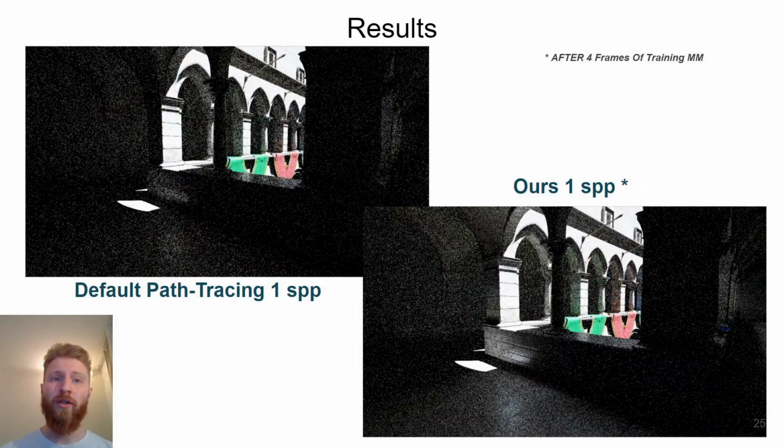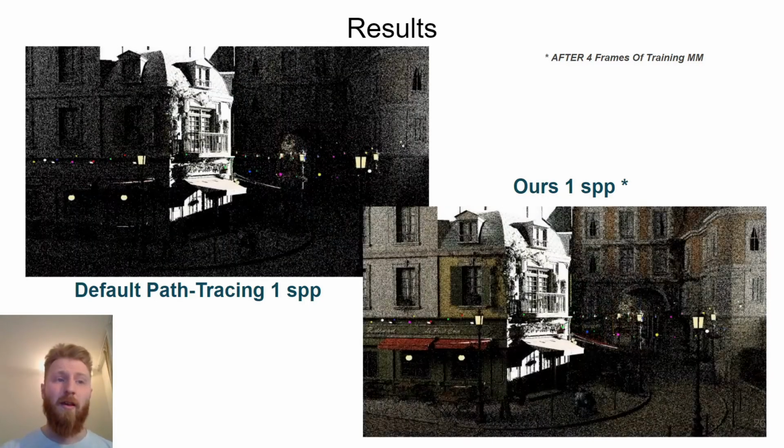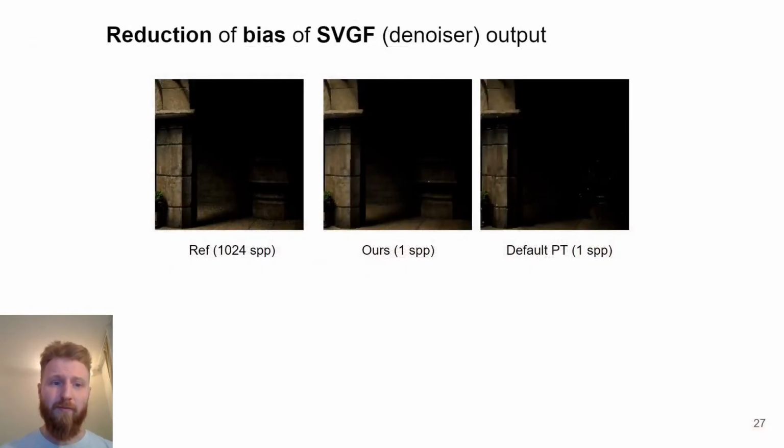Moreover, we want to note that by introducing a training adaptive weight in our mixture model, our algorithm doesn't increase variance compared to the default importance sampling in complex cases like this. This render confirms it. And there is also a result from the Bistro scene that proves our statement.